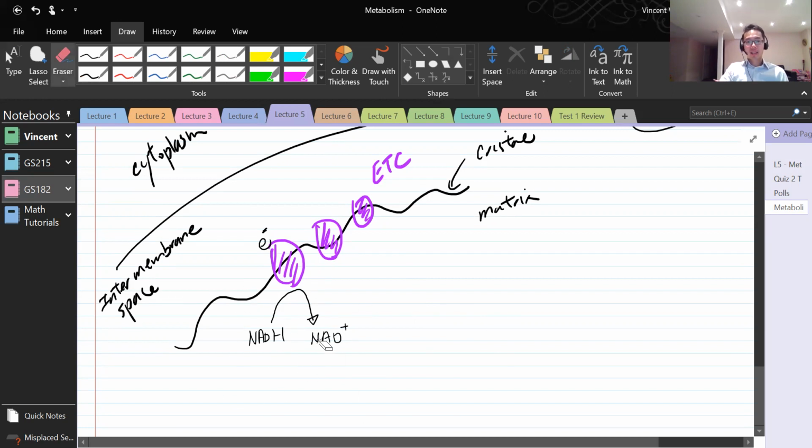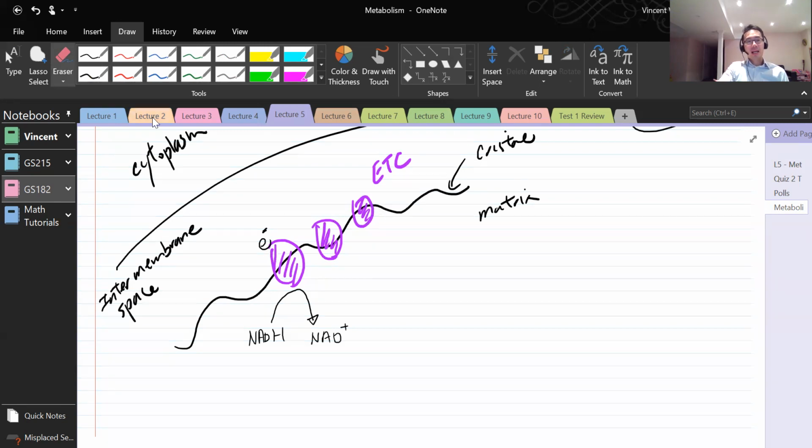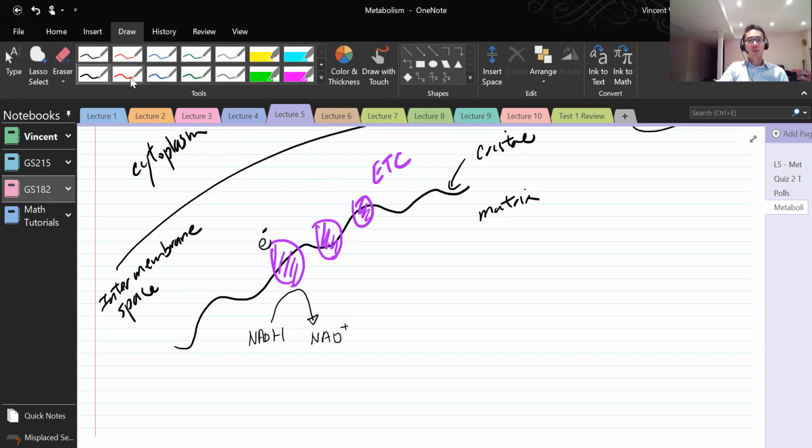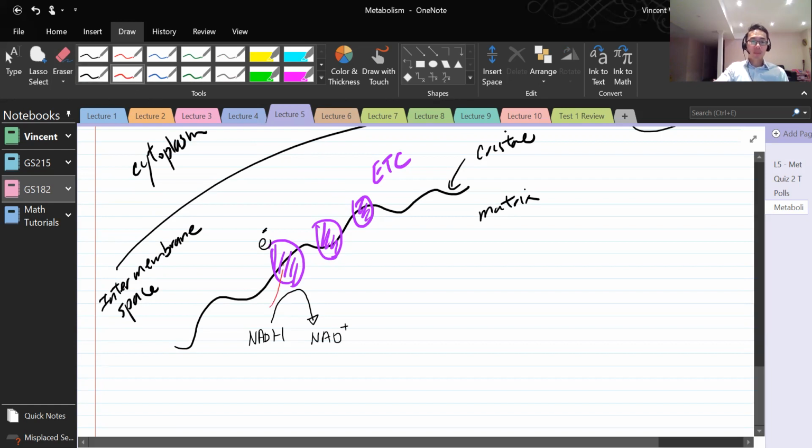All right. So this electron, very high in energy, is going to get passed down the ETC like a hot potato. As the electron goes down the ETC, the energy from that electron will be harnessed, and we will use that energy to pump H plus from the matrix into the intermembrane space.